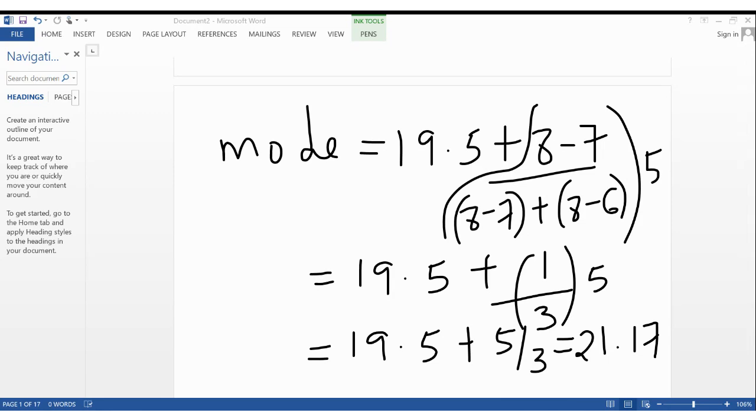Another one to comment. How to get the mode: you deal with the modal class, the class with the highest frequency. Then from the modal class, you get the lower class boundary. And now from the lower class boundary, you can calculate. I've only gotten one person who is saying I proceed. The other people, do I proceed or I stay here?